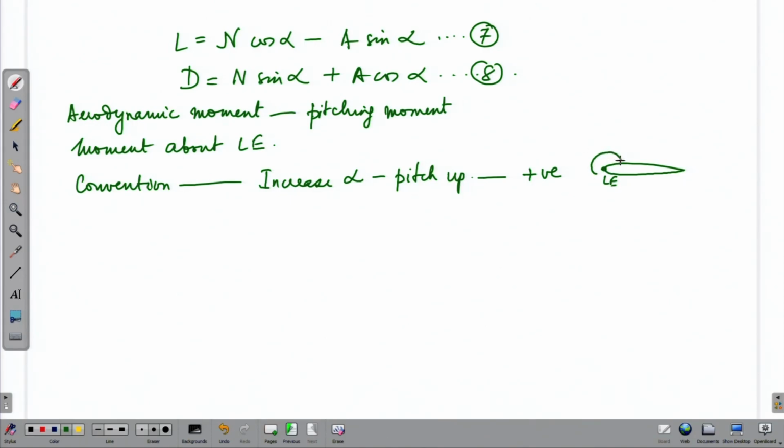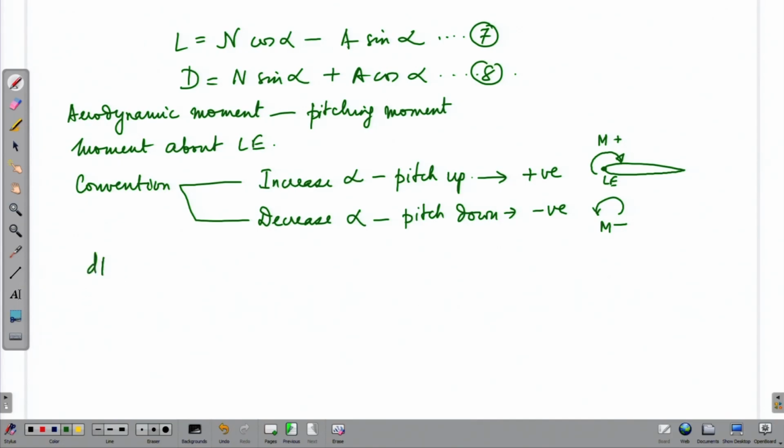So, you show it like this, that is a pitch up moment, and that is a positive moment. Obviously, a moment which decreases alpha or leads to a pitch down would be considered negative, and that would be opposite in nature. Counterclockwise.